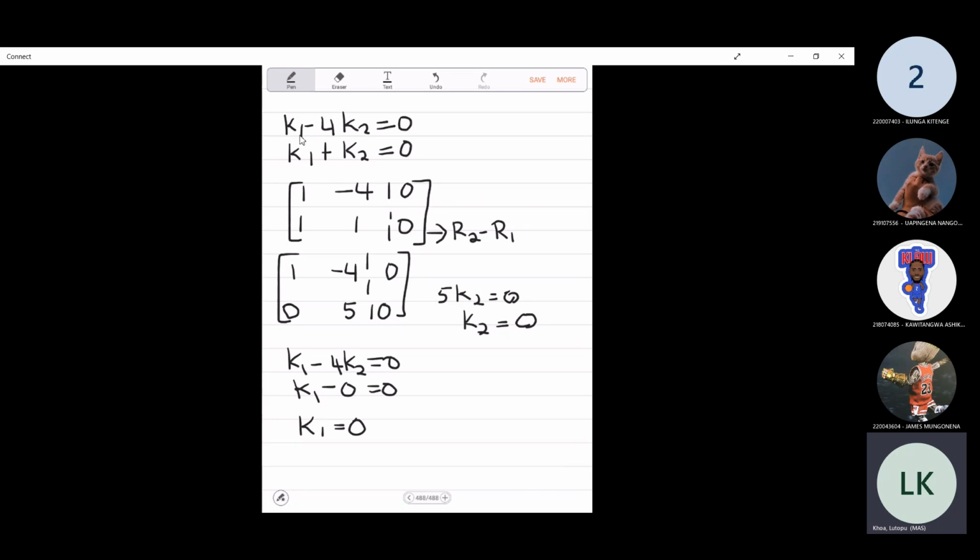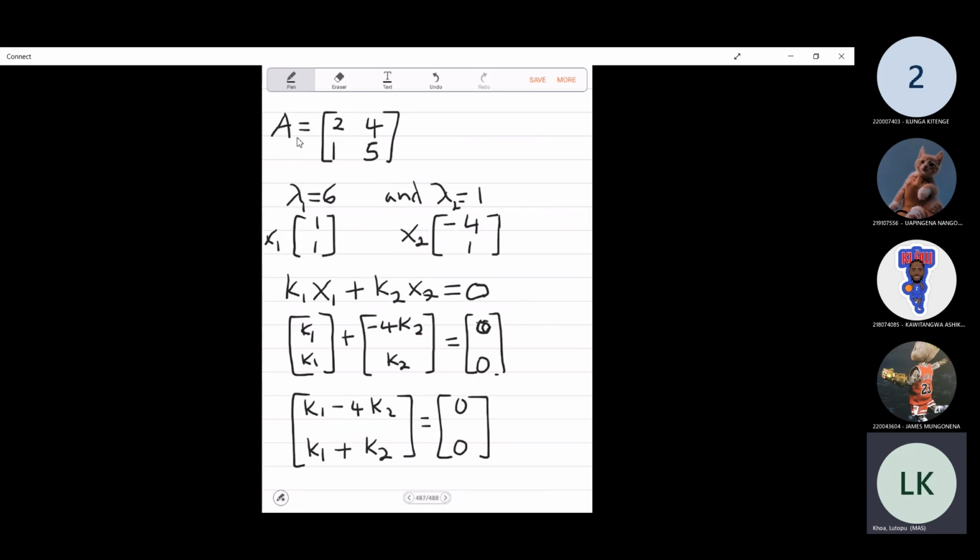So I've shown that it doesn't matter what constants I multiply the eigenvectors with, they are linearly independent, because the only way for this equation to be equal to 0 is if my constants here are equal to 0.